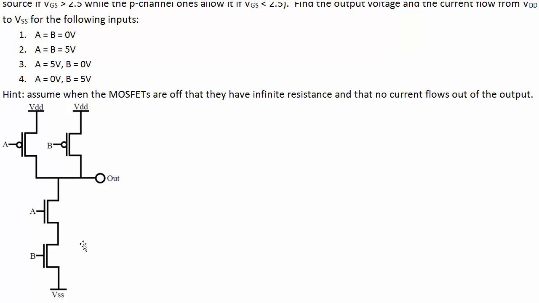You view MOSFETs as operating in their ideal mode where they're either allowing current through or they're not. So the N-channel ones down here, if we've got a positive voltage here relative to the bottom, then they allow current through. And the P-channel ones, if we've got a positive voltage, they stop current. They allow current unless you've got a positive voltage applied there relative to the bottoms.